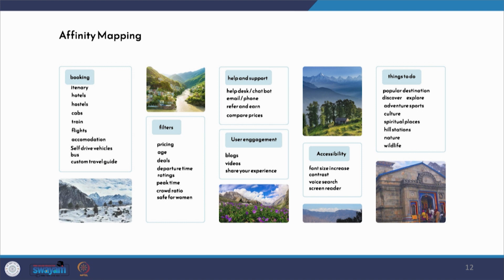Now, how was this map put together? We have discussed it earlier, but we can now see it because an example is in front of us. The first step is generating the pool of ideas or data points, like popular destinations, blogs.